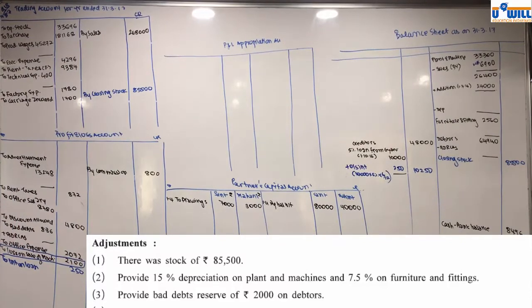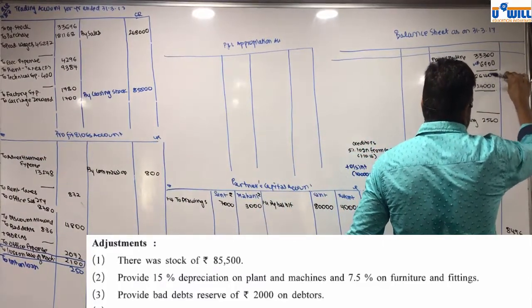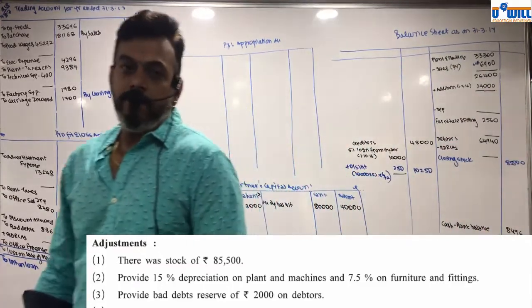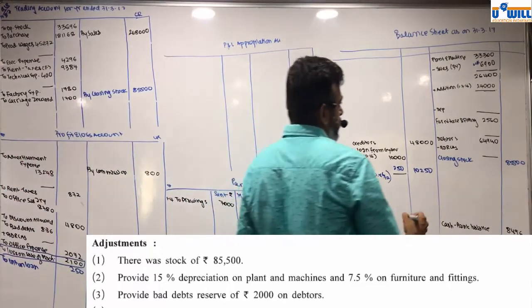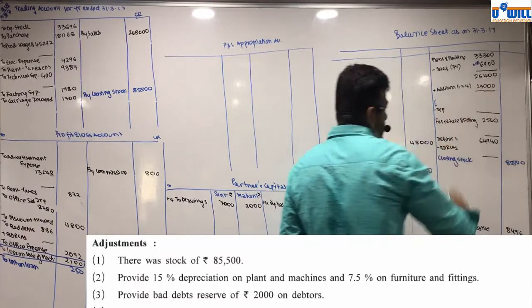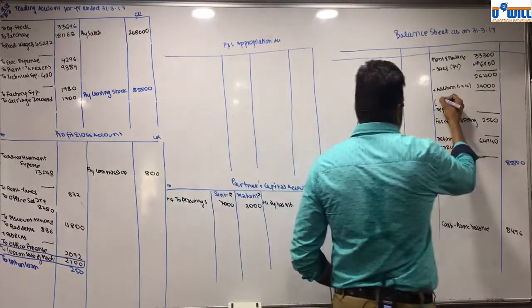Please calculate for 26,400 for the full year and 24,000 for 9 months. First on the machine, 26,400 at 15% for the full year, how much is it? 3960.